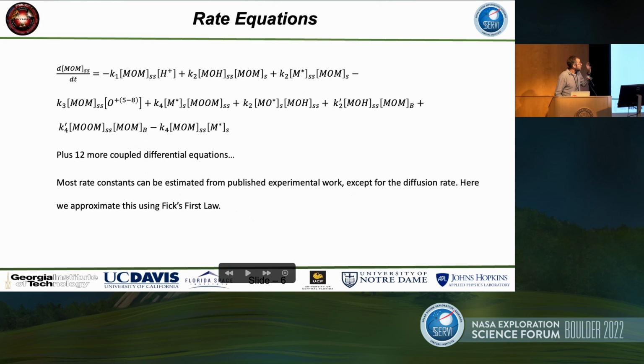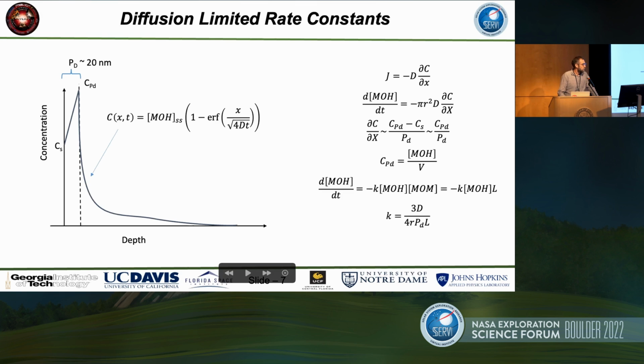From that very simple model, you get these relatively complicated differential equations all coupled together. I'm not going to go into detail, but to solve them you need the rate constants, and a lot of these can be obtained from experimental work. For example, Micah Schaible's work can tell us the rate constant for proton implantation. The diffusion one was trickier, and we had to use Fick's law to approximate that.